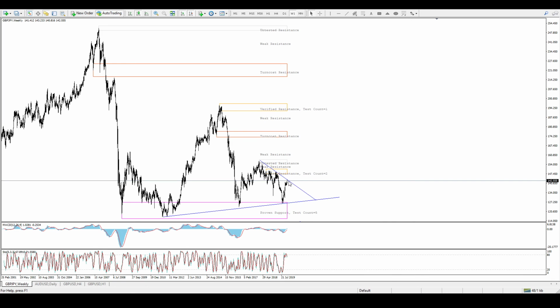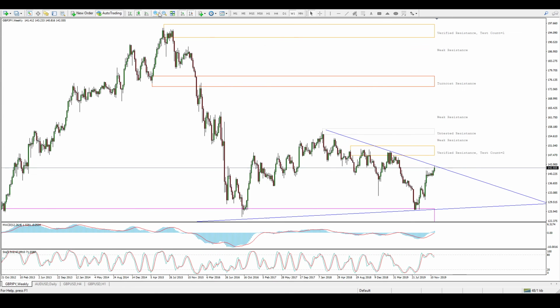If this level right here, let me zoom in. If this trend line breaks, we're looking at the profit in 176 zone, or even possible 190 zone. If it gets rejected, we will be looking at 129. I like it very much.